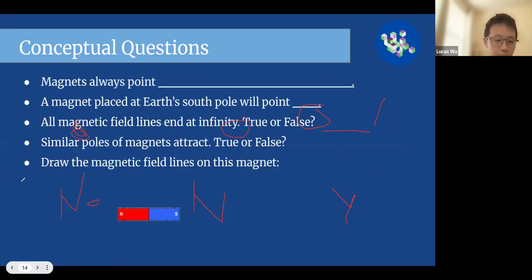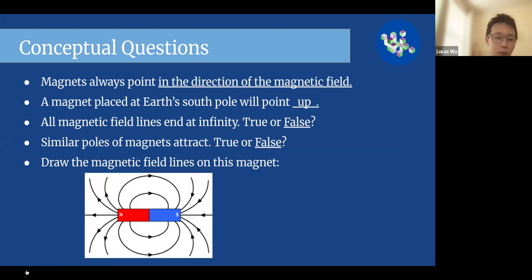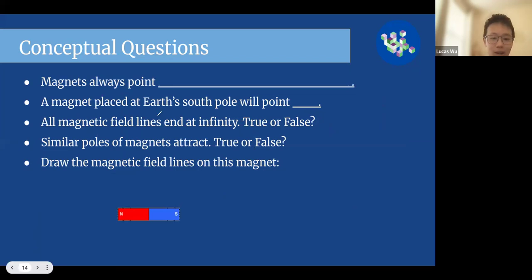All right. Here are some more conceptual questions you guys should think about. Magnets always point in what direction? A magnet placed at Earth's south pole will point where? All magnetic field lines end at infinity, true or false? Similar poles of magnets attract, true or false?